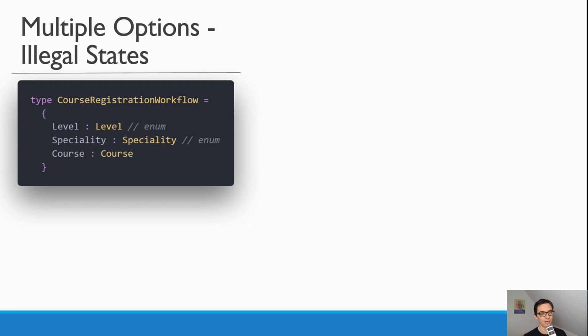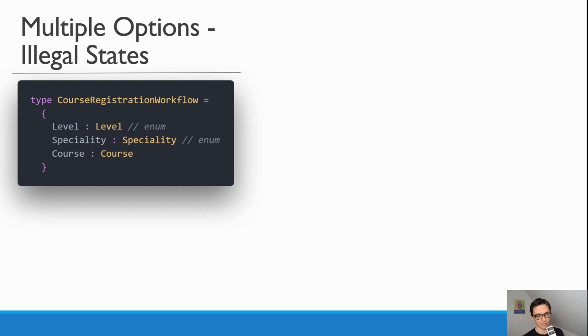It's another record, and it's a course registration workflow. Imagine we are building an actual registration website for such a scuba dive certificate course. On the first page of this workflow, we need to choose a level, which is in this case an enum. Then we choose a specialty like deep diver or wreck diver, as I've shown you in the diagram.